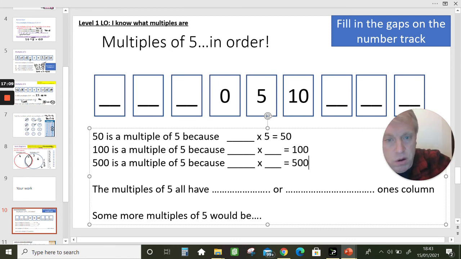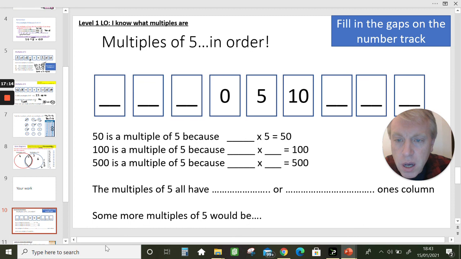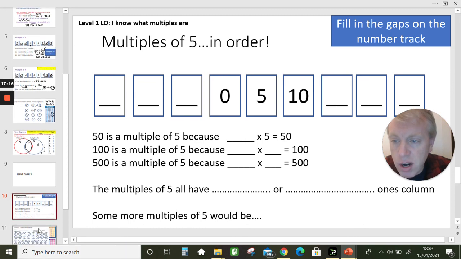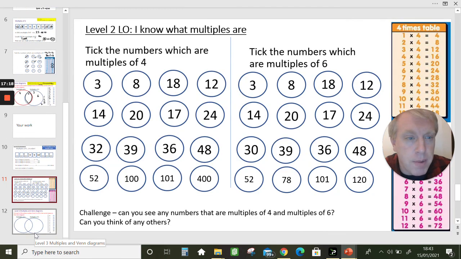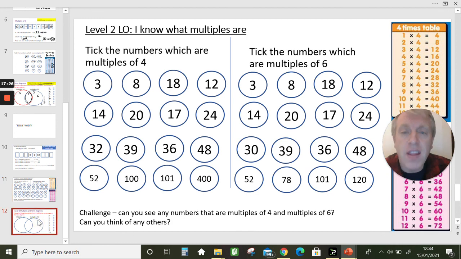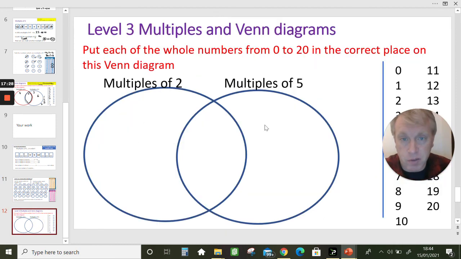I'll change that one on the sheets that I upload. So, got some questions there on level 1. Then we've got some numbers to investigate. Are they multiples of 4 over here? Are they multiples of 6 over here? And then a Venn diagram, the multiples of 2, the multiples of 5.